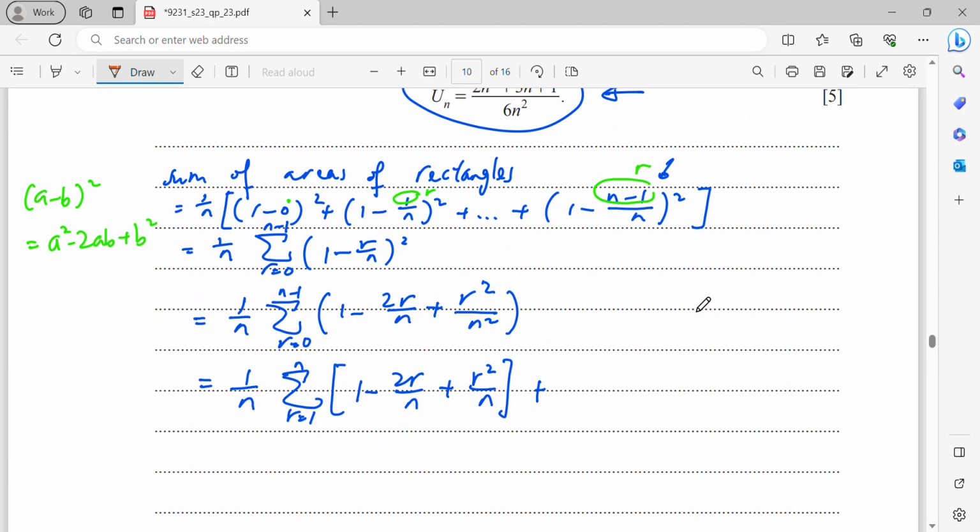So I minus the first term, which is basically 1 minus 0 squared, and I plus the last term.